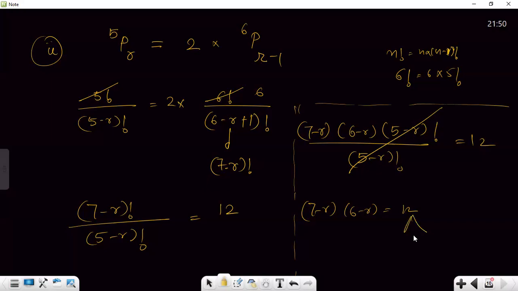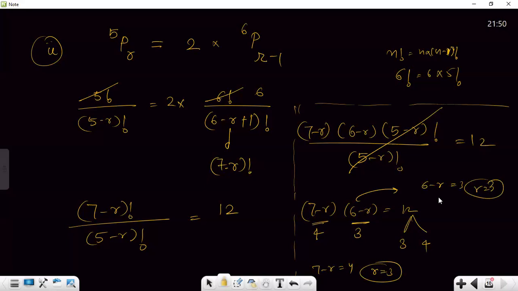So let's find two factors of 12 having a difference of 1. That is 3 and 4. Which should be the larger one? 7 minus r should be 4 and 6 minus r should be 3. If 7 minus r equals 4, then r becomes 3. If 6 minus r equals 3, then r becomes 3. Great, we have found the value of r. So r equals 3 is the answer.